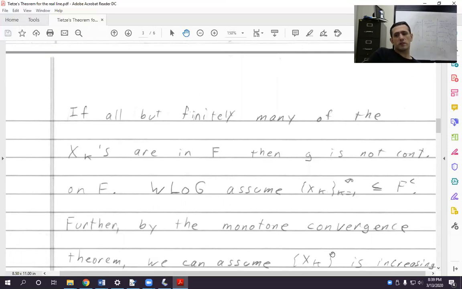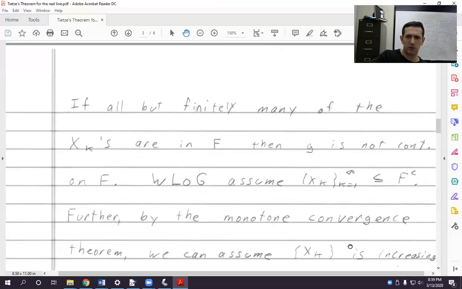We will assume that this is increasing. Homework: assume the case when this is decreasing. Again, we're taking a further subsequence, but we're still going to use this notation because subsequence notation would be a nightmare.